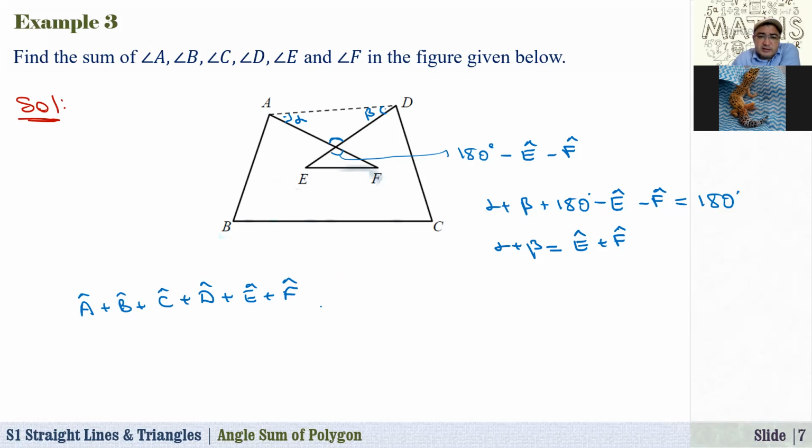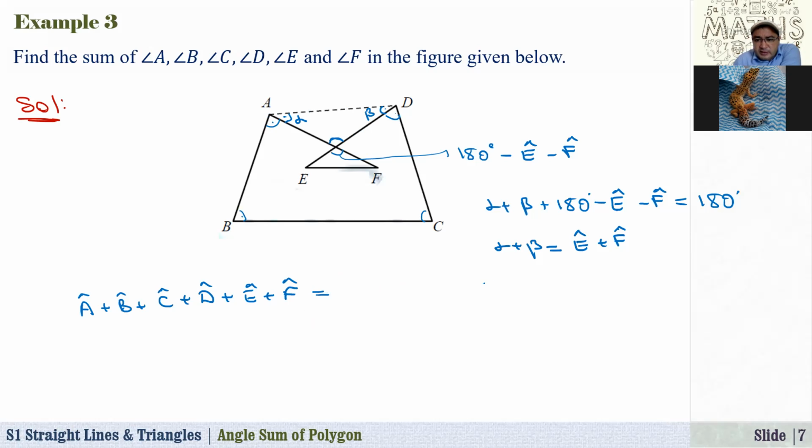And the sum of the interior angles of a quadrilateral is 180 times 4 minus 2. That's equal to 360. You see here, this is angle A plus alpha, and angle D plus beta plus B plus C. That's just equal to 360 degrees.